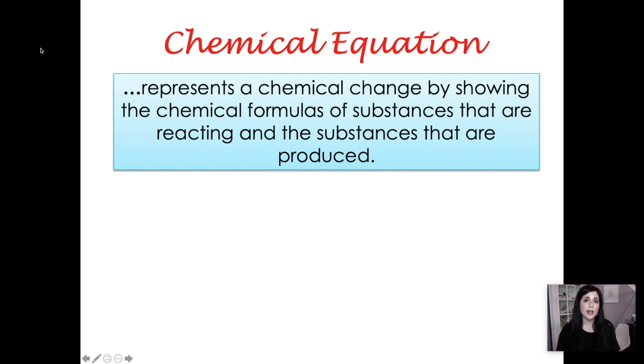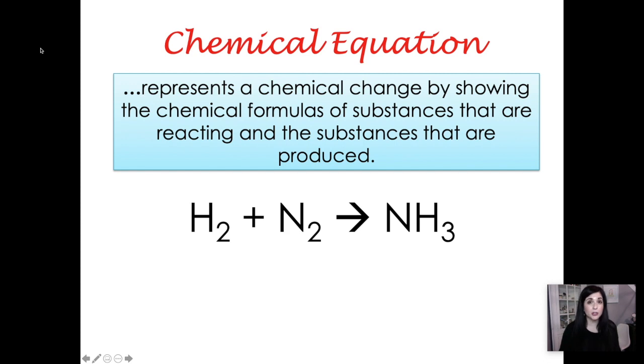So we're showing, using arrows and plus signs and a couple of other things, what the reactants in a particular equation are and what we are producing when we combine those reactants together. So a very basic chemical equation is the one listed right here on the screen. So I have hydrogen and nitrogen combining to form ammonia, which is NH3.